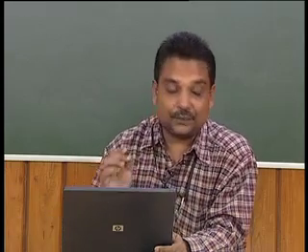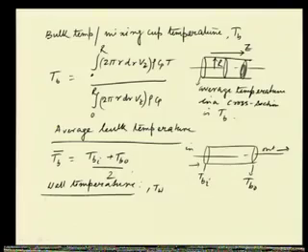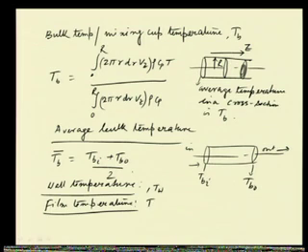Okay. So, this is called wall temperature, and then we have another temperature that is called film temperature. Film temperature I will usually denote as Tf. Tf is given as Tw, the wall temperature, plus T infinity, by 2.